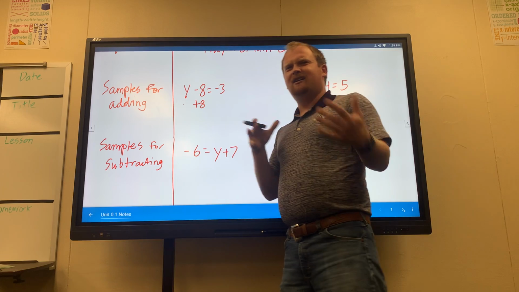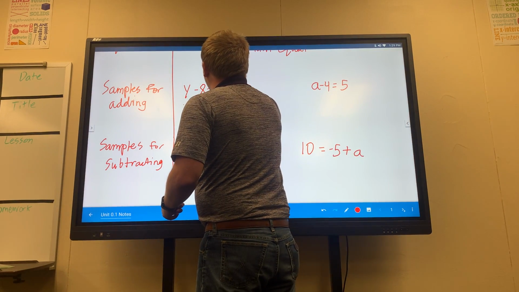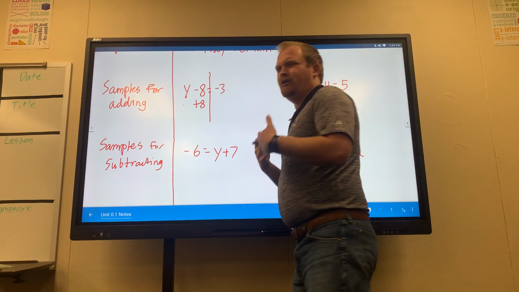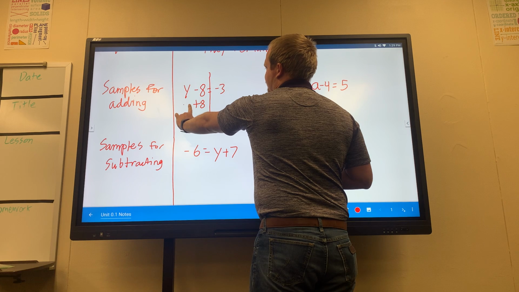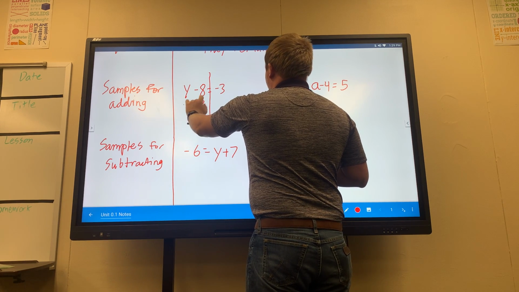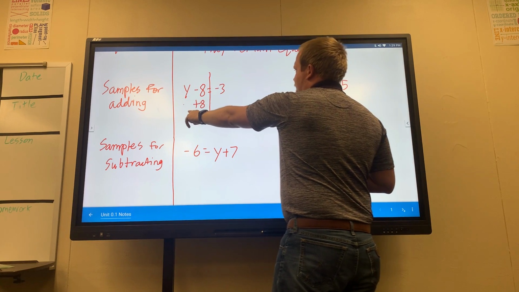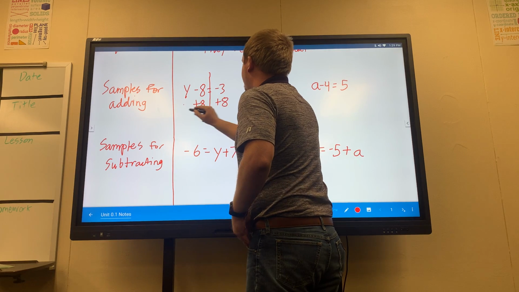Now, just so that way we get a good idea of which side is which, I'm going to draw a line through the equal sign. So I'm adding weight on the left side, okay? I'm adding 8. So if I'm adding 8 on this left side, I gotta add 8 to the right side.